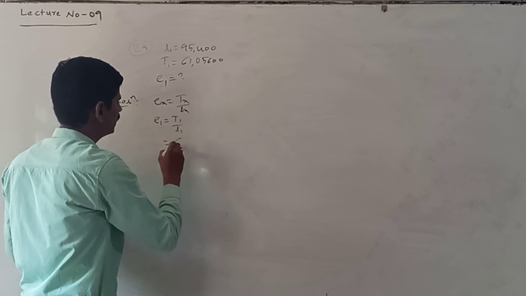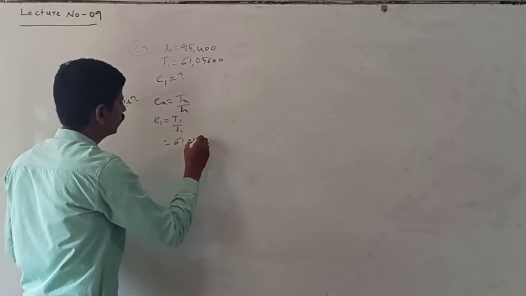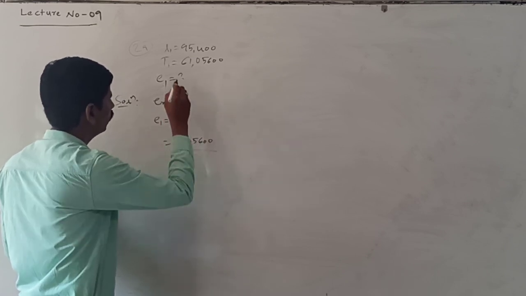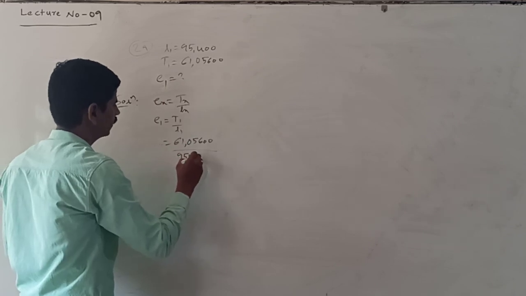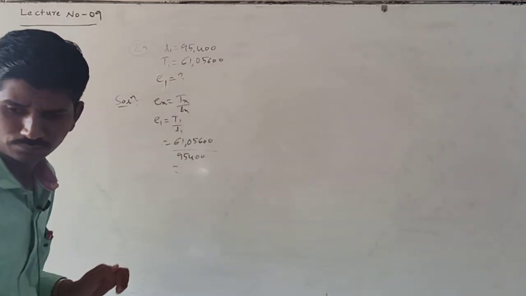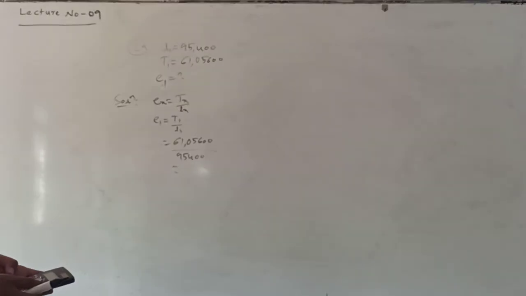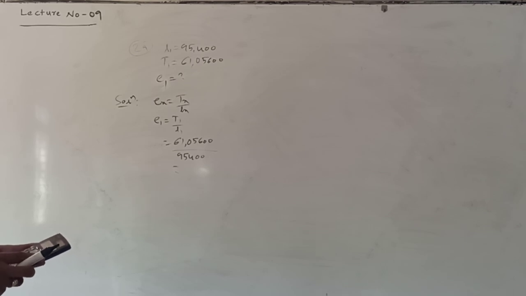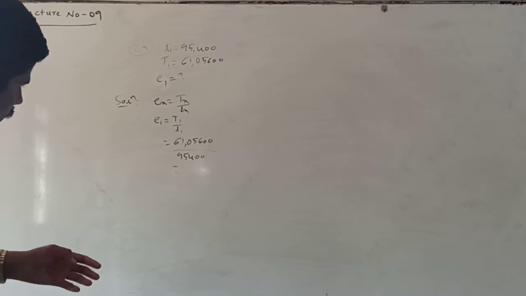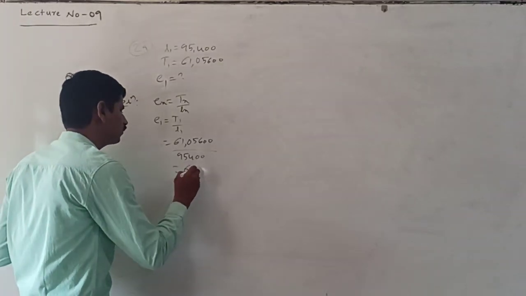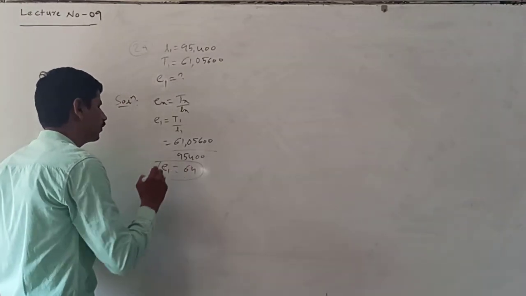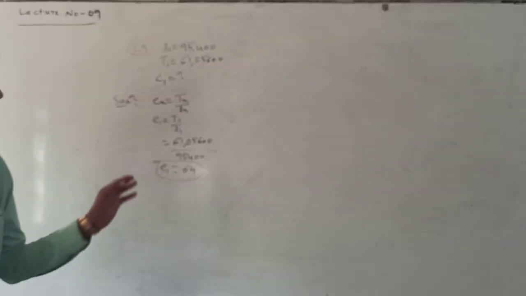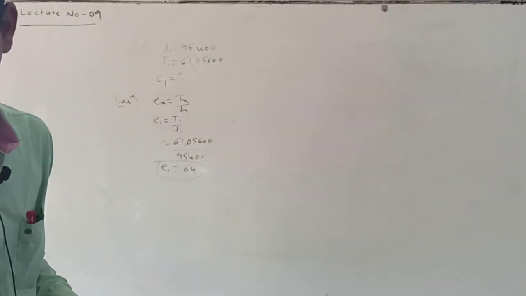T1 value is 61 lakh 5,600 divided by L1 value 95,400. Then we get 64. The E1 value is 64. Expectation is 64.